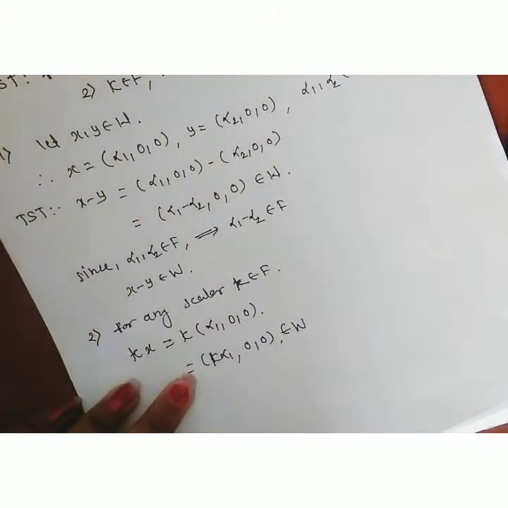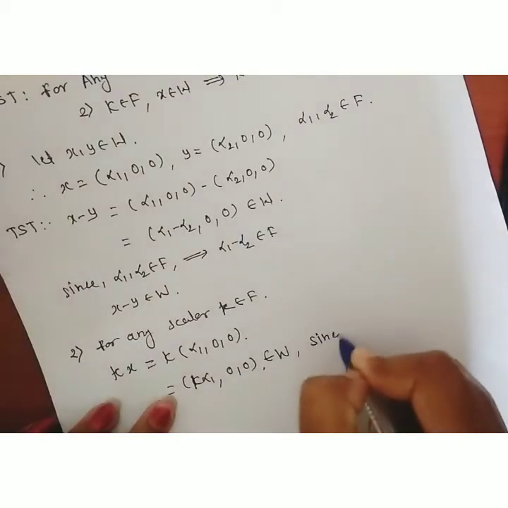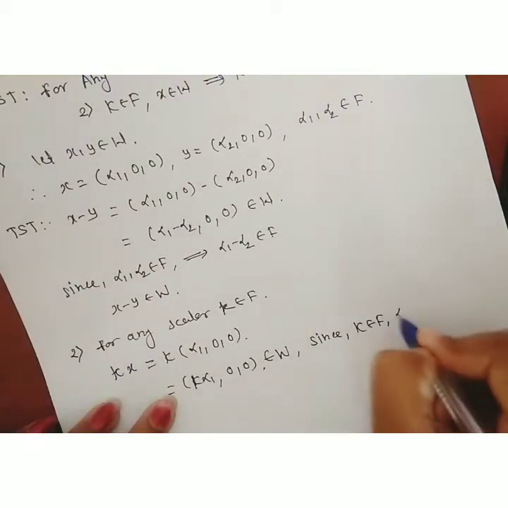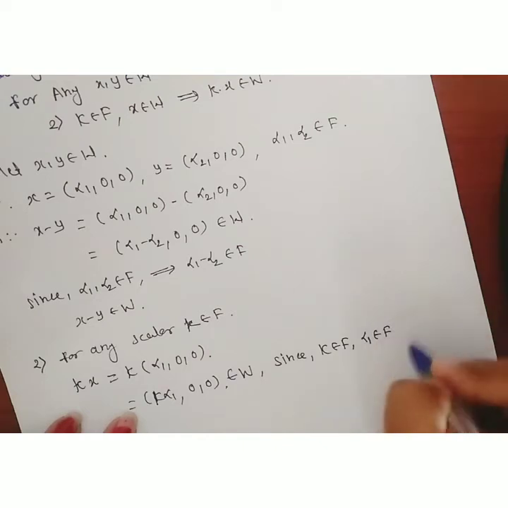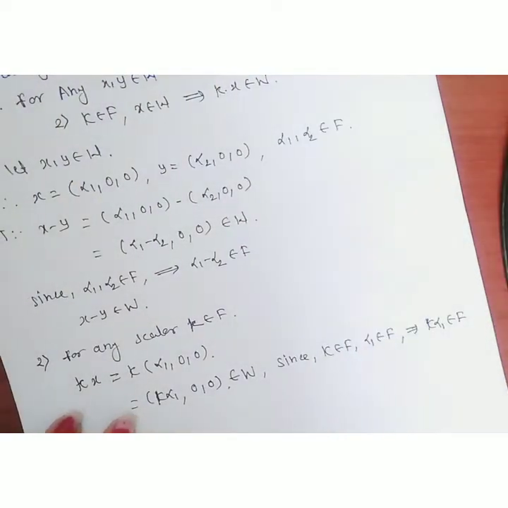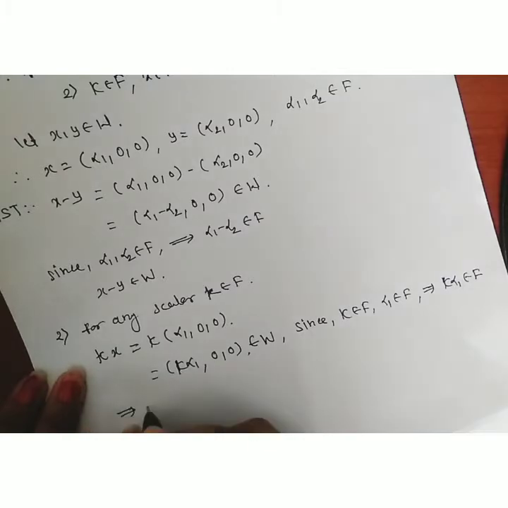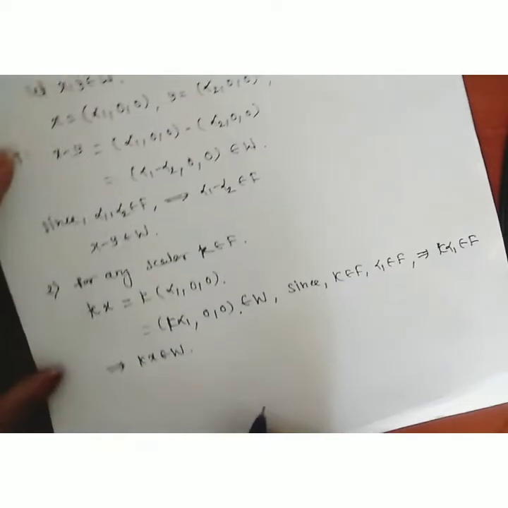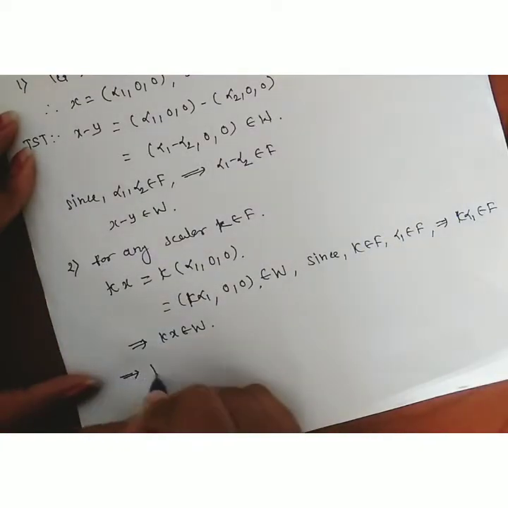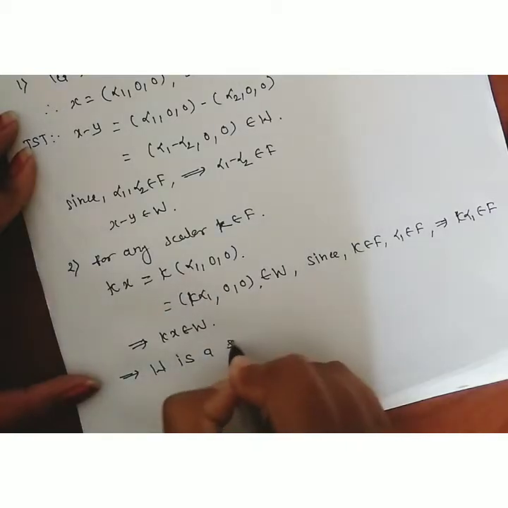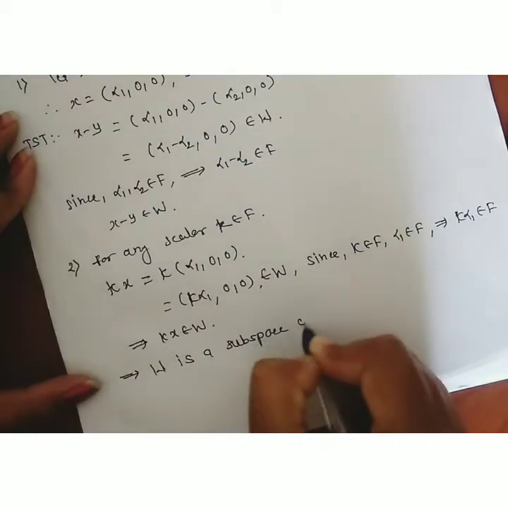Obviously it does, since k belongs to field F and alpha1 belongs to field F, so their multiplication k alpha1 also belongs to field F. Therefore the tuple (k alpha1, 0, 0) belongs to W. This implies k times x belongs to W. Therefore both properties of subspaces are satisfied by the set W. This implies W is a subspace of V.